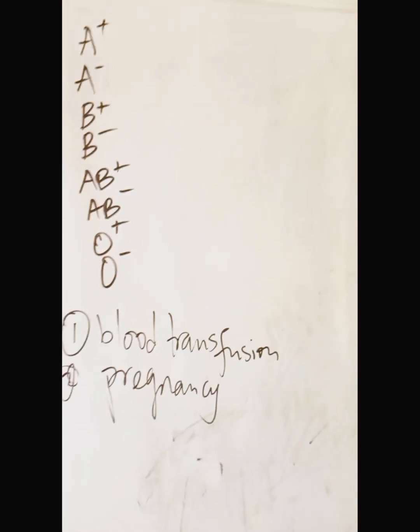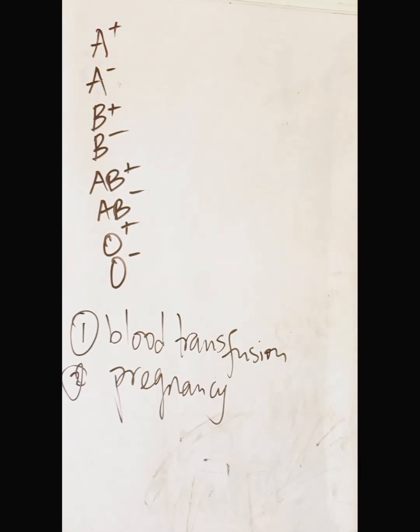Somebody that is of blood group A with Rhesus positive has the Rhesus factor protein or antigen on the surface of that person's red blood cells.